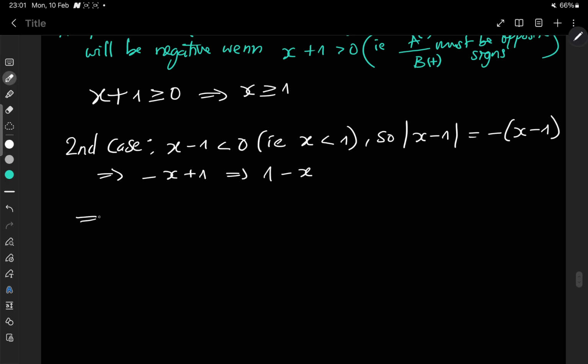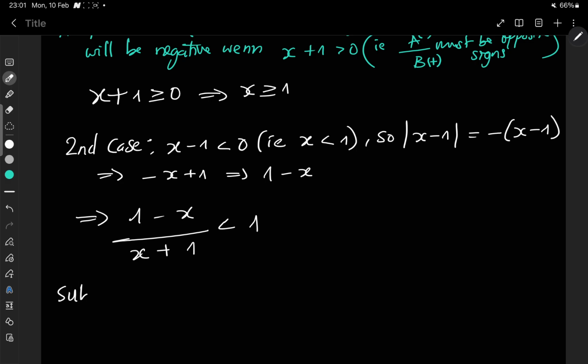So this is now going to be 1 minus x all over x plus 1 less than 1. That is the equation we are considering. The equation we are considering will now turn to this.